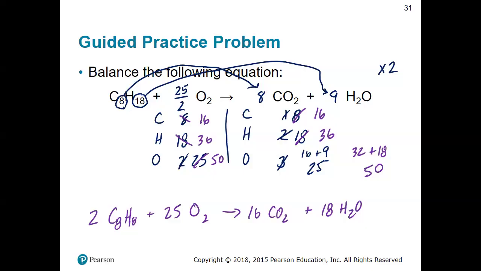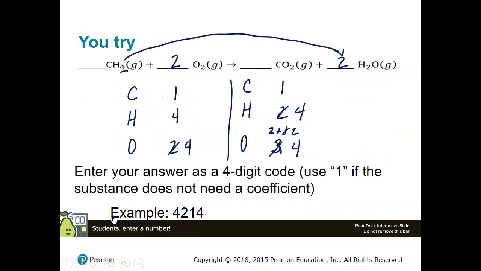Better chance I'm going to have to end up doubling everything along the way. And so the trick rule of thumb that you see is if I have an even number here, I start with 2 of that molecule and I balance everything else from there. If I have an odd number like I did here, I can balance it straight up without starting with the double.